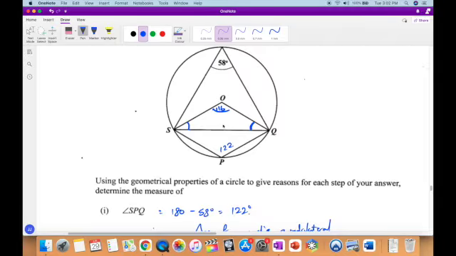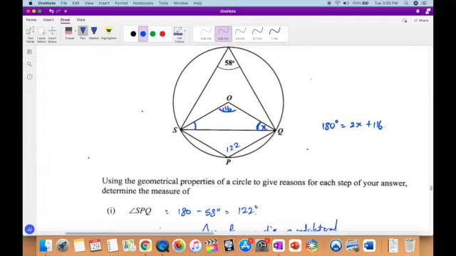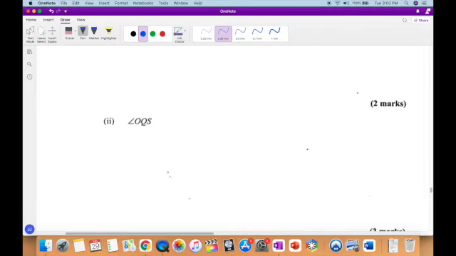And of course, in an isosceles triangle, we will have 180 degrees being equal to, let's call this x, 2x plus 116, and now we could find what that is, right? So let's say that the angle at O is 116 degrees.